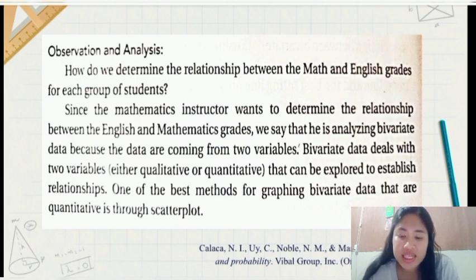Bivariate data deals with two variables, either qualitative or quantitative, that can be explored to establish relationships. And one of the best methods for graphing quantitative bivariate data is the scatter plot.